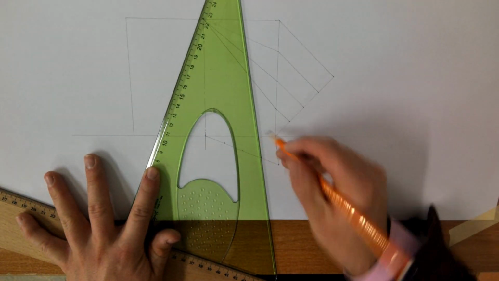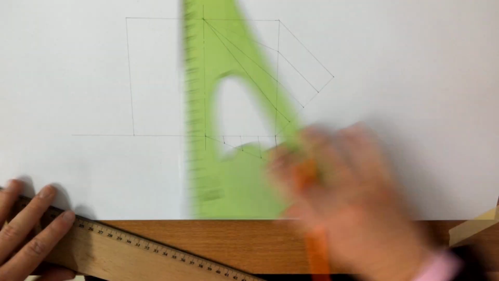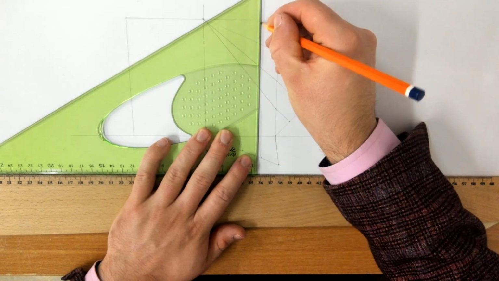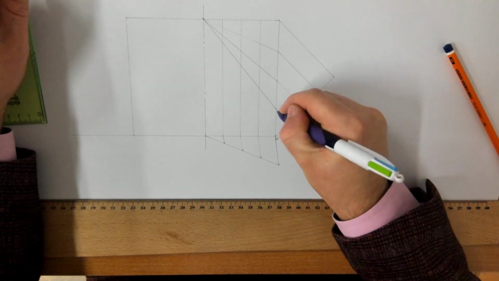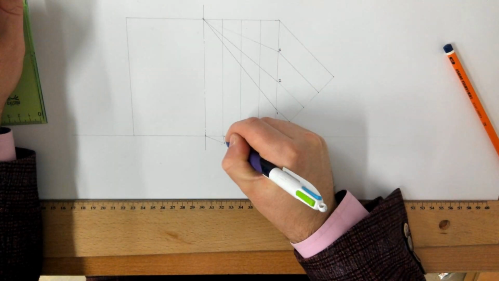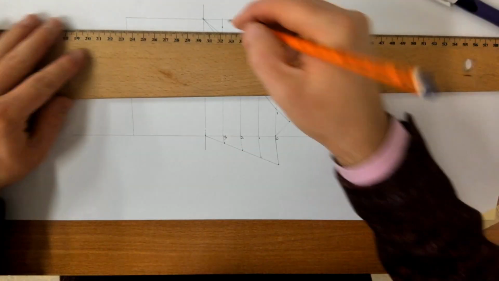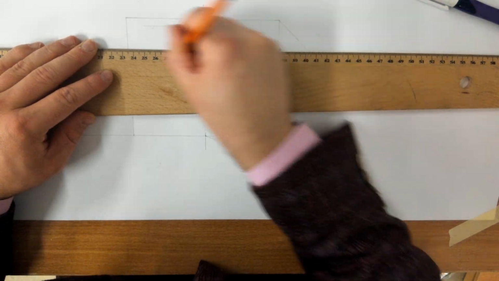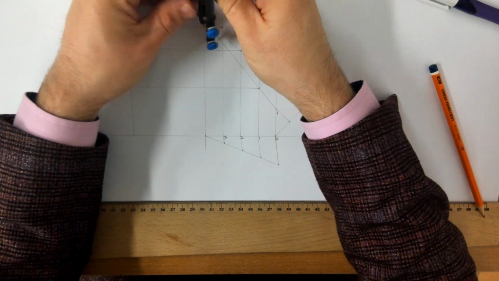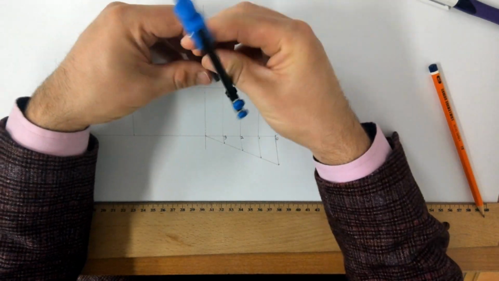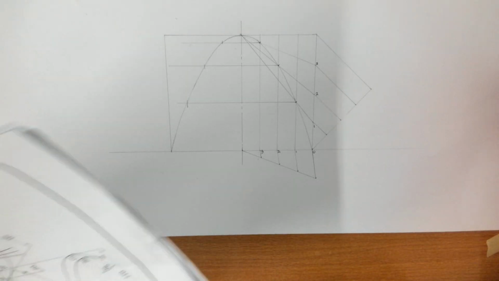Slide the set square on. Now, I'll freehand sketch those curves in.